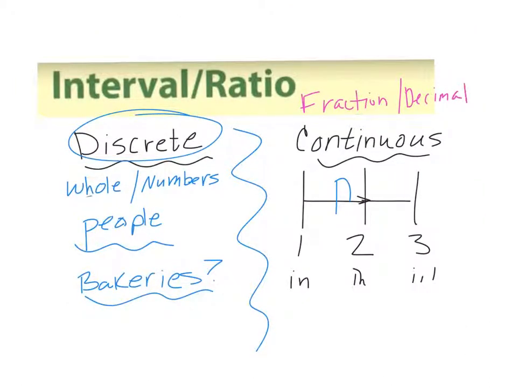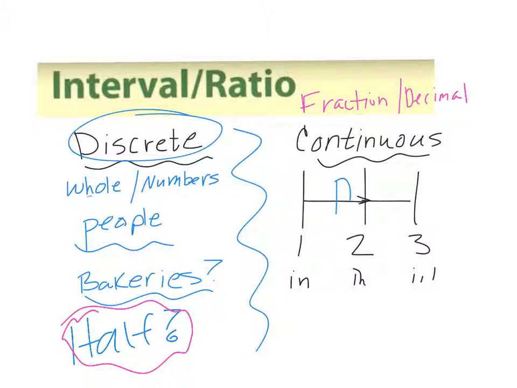So if you ask yourself the question, can I have half, for example, can I have 1.5 people? Can I have 1.5 cars? Whatever. If your answer is no, then it's going to be discrete. Whereas if you can have a fraction or a decimal, more often than not, that is continuous data.